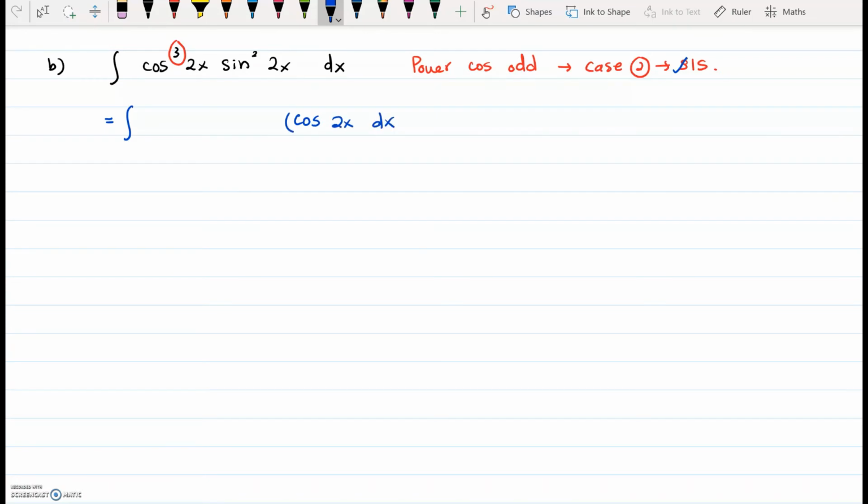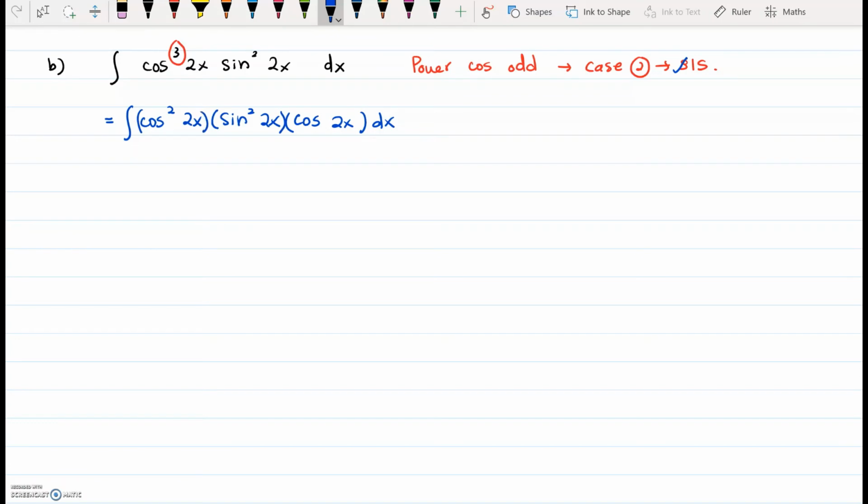If the angle is other than x, for example here you have 2x, then please use the given angle. So we split cos 2x. Then the remaining function will be cos square 2x and sine square 2x. You can also put brackets if you want.